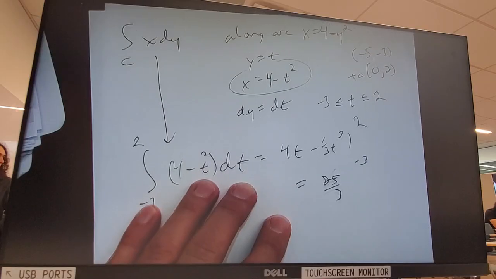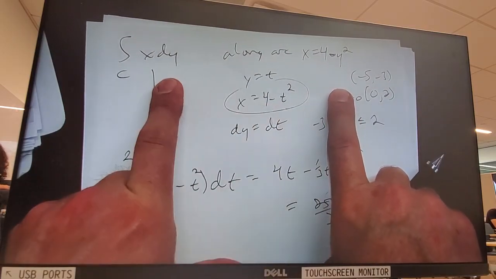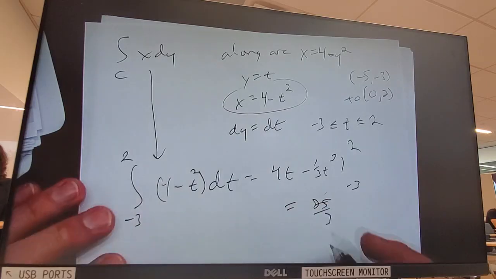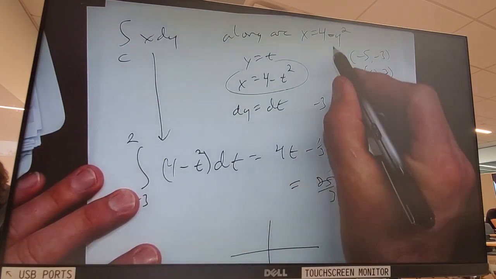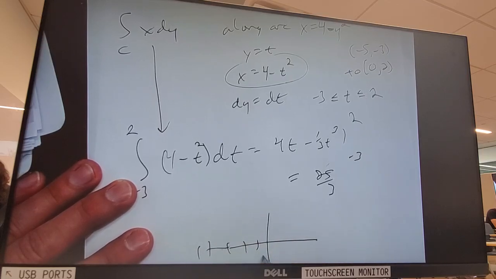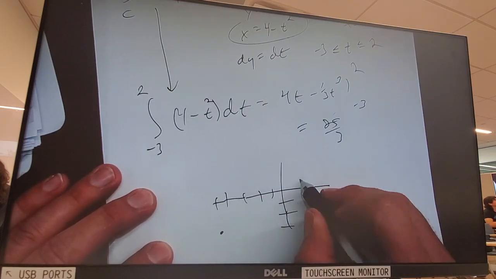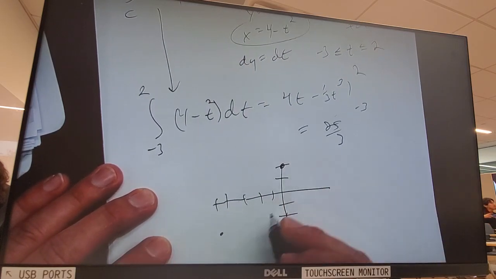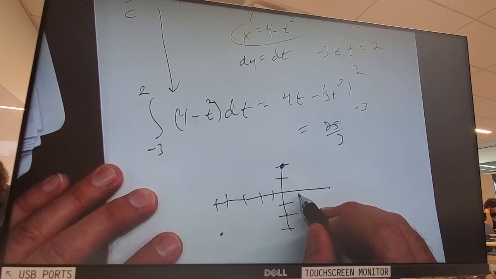This path, my x, well, let's see. If I graph this path out, x equals 4 minus y squared from negative 3 to 2, 0 would be, wait a minute.